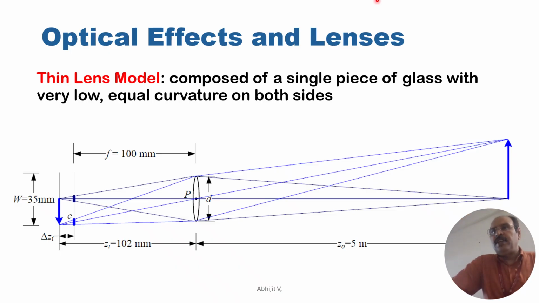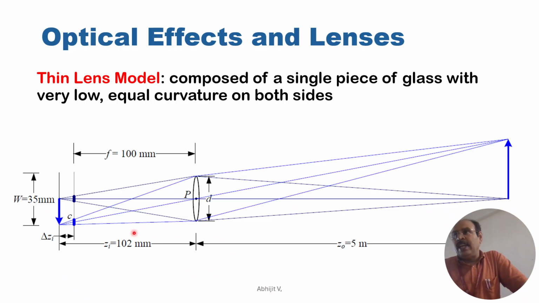So in optical effects and lenses, what we'll be studying first. So we have a single piece of glass with very low equal curvature on both the sides. This is called as thin lens model. So here we'll see what these numbers mean. But for the time being, please note that you have F as 100 mm.